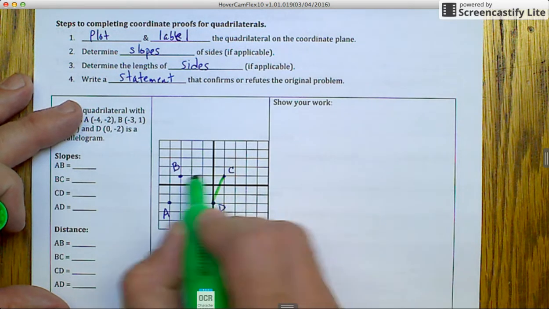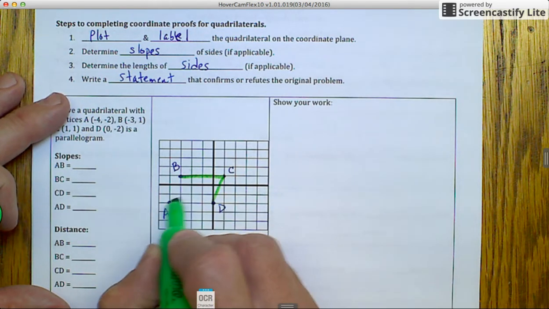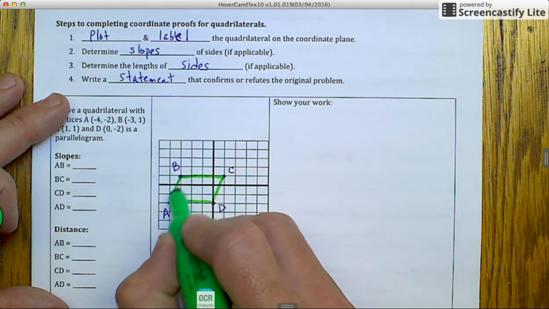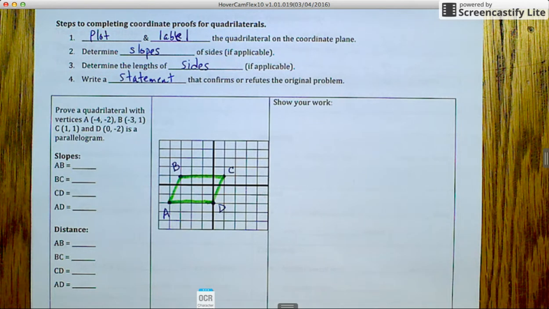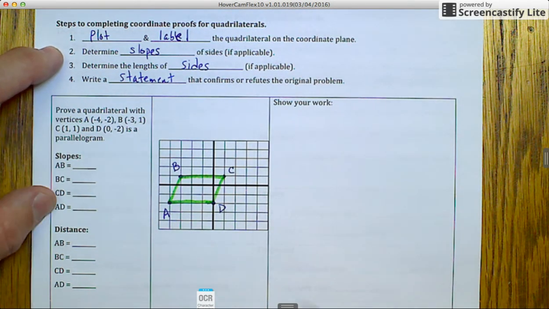I'm going to connect my dots. So I've just completed part 1. And it looks as though it could be a parallelogram. But we have to make sure. And the way we make sure is step 2, determine the slopes of each line.